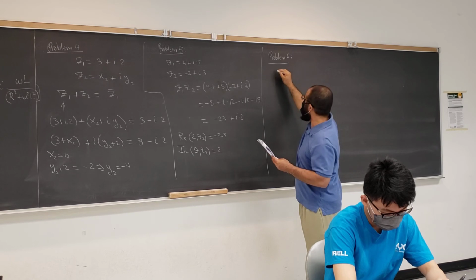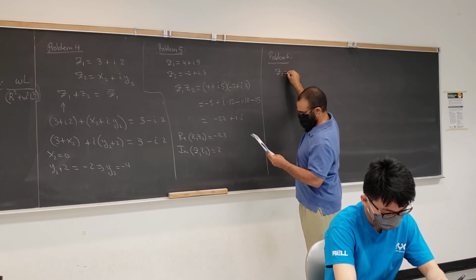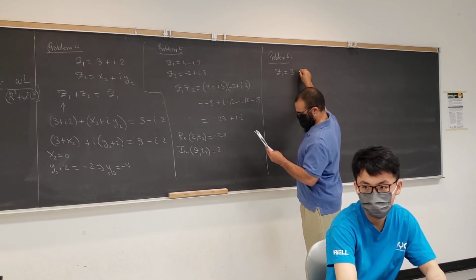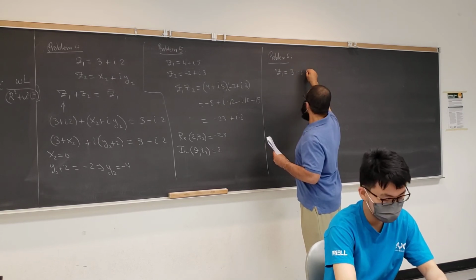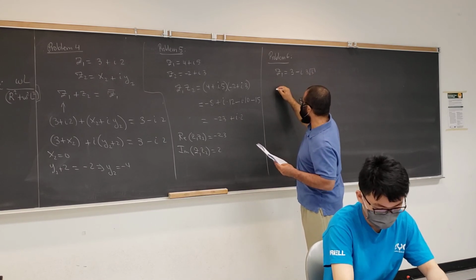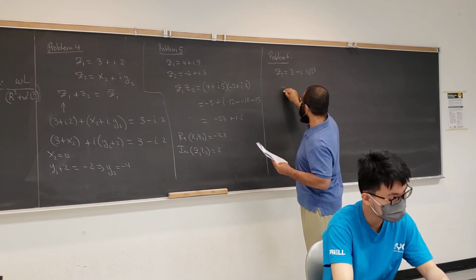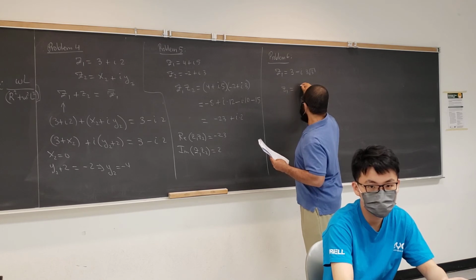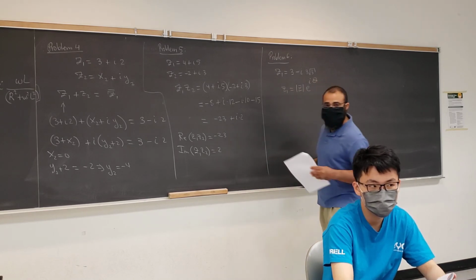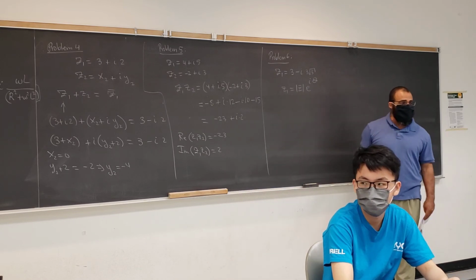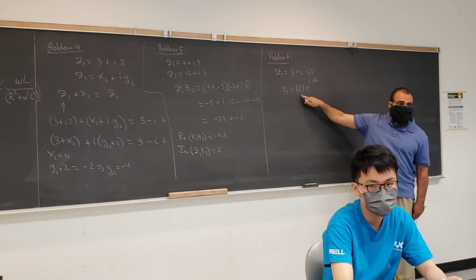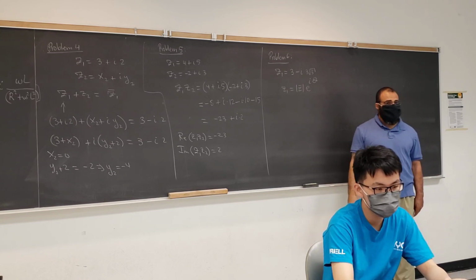You got Z1 is equal to 3 minus I, and then 3 radical 3. So we want to write it in the form of the absolute value of z times e to the I theta. So in other words, you need to find theta and you need to find the magnitude of z.